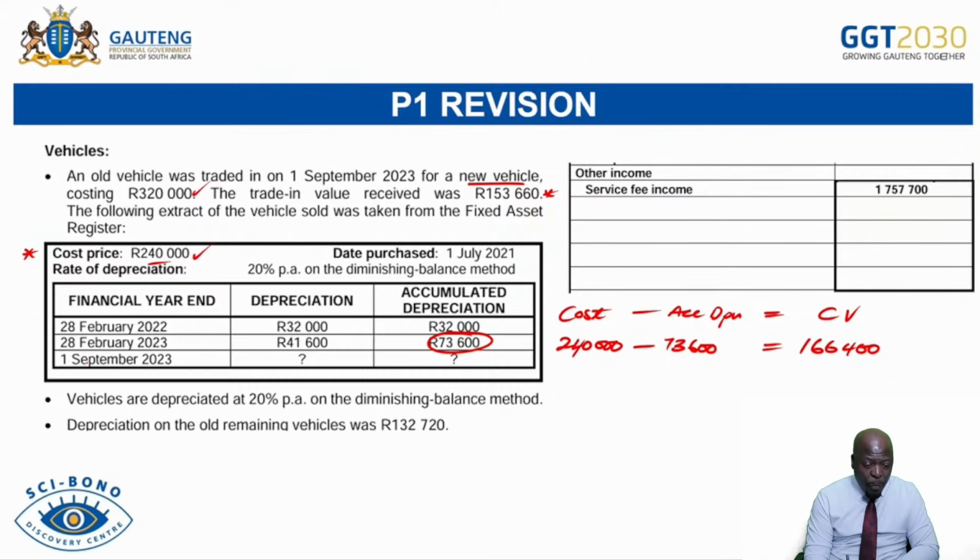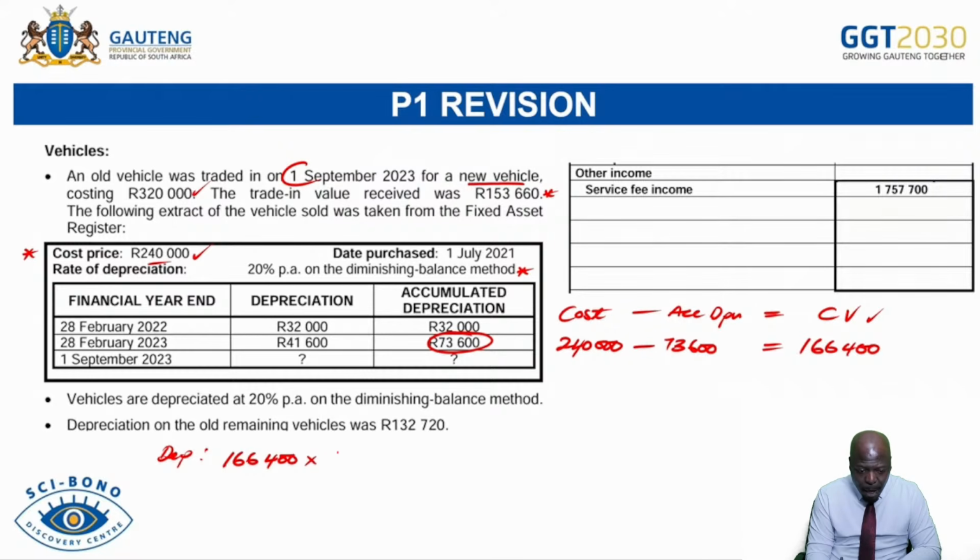Now, we know that this asset was disposed on the 1st of September. That means we used it from the month of March. So we need to calculate depreciation then. In calculating depreciation, we are using the diminishing balance method. With the diminishing balance method, we calculate depreciation on carrying value. Means I'm going to come in, I'm going to say 166,400.